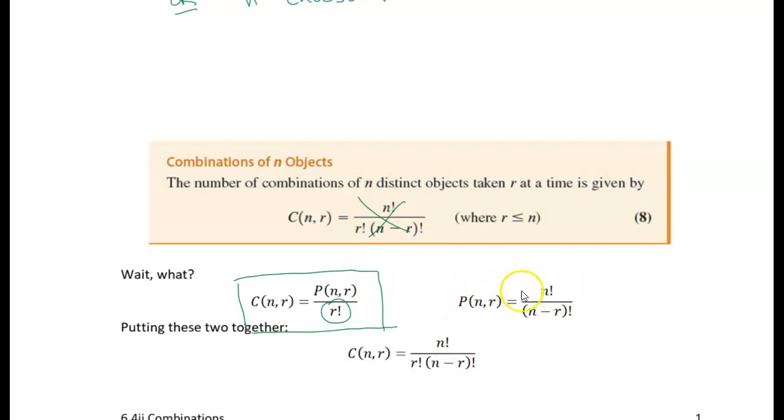Just think of it as the permutation, and then you're dividing out the duplicates by dividing by the number of ways to arrange one particular subset of however many you're choosing.